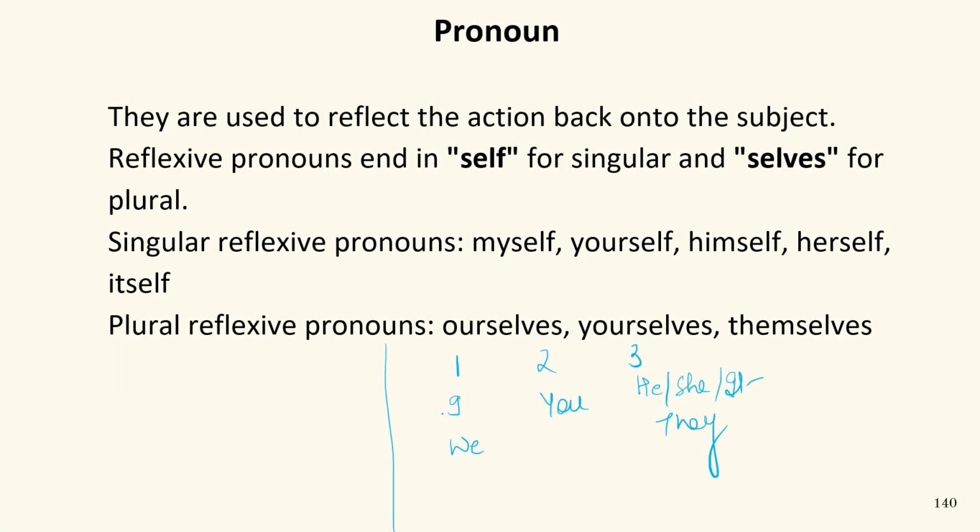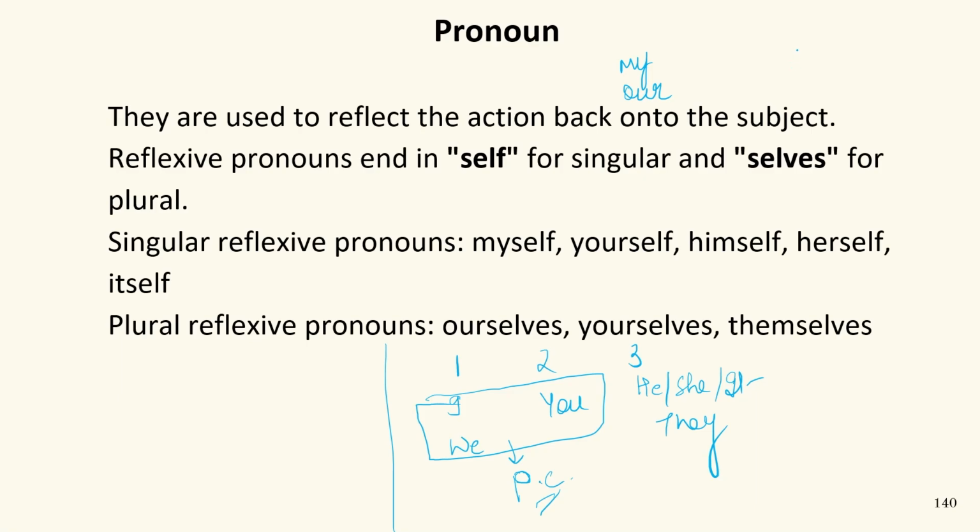Now we have some cases of them. For example, I, we, and you. This is the first and second person. All of these have a possessive case. We have already learned the possessive case and objective case. The possessive case of I is my. The possessive case of we is our.